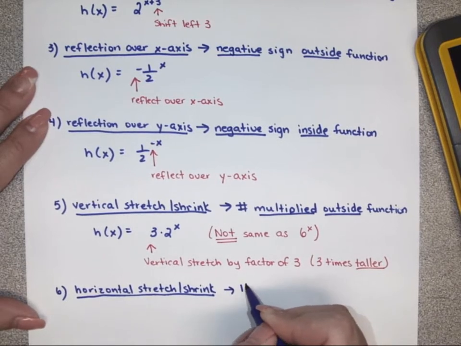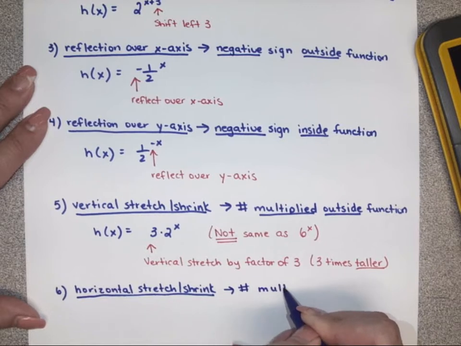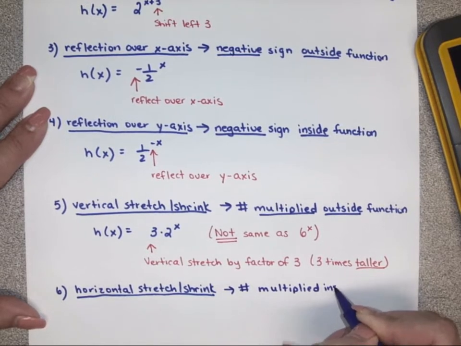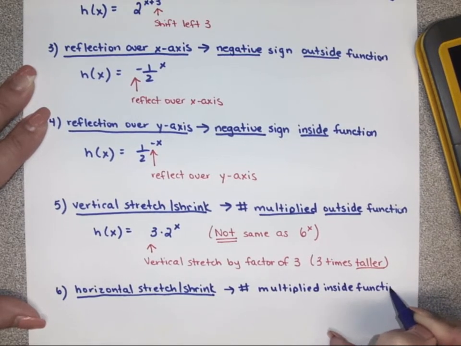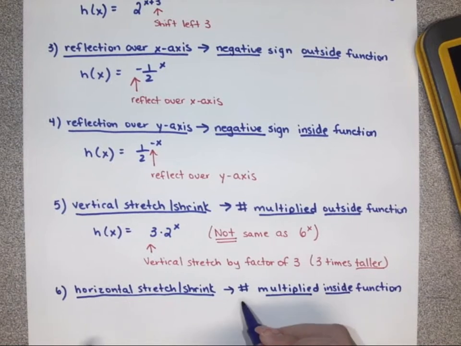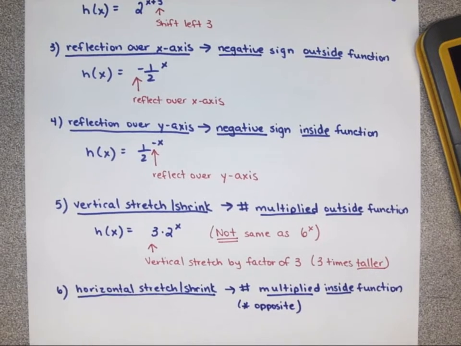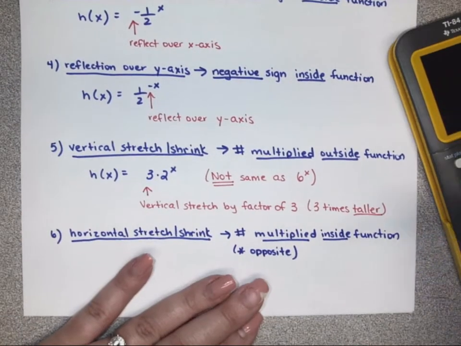But how you know you need to do this is there's a number multiplied inside the function. I'm just going to give us a clue here. It's opposite of the way you might have thought. So what looks like a stretch will actually be a shrink, and vice versa.